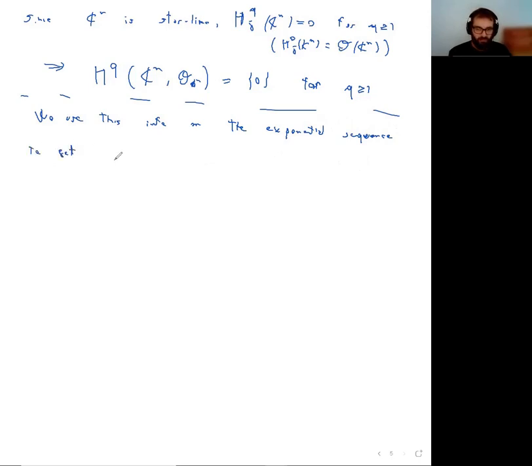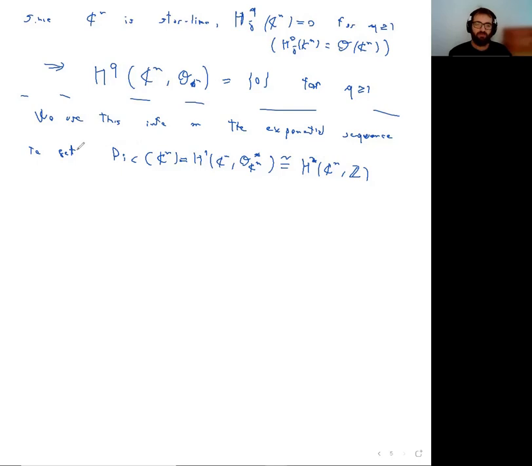So what do we get? Well, we get that the Picard group of Cn, which we know is nothing but the H1 of Cn, O Cn star, is isomorphic to the H2 of Cn, Z. And this we know from the exponential sequence, right?